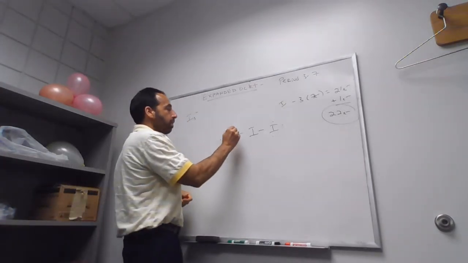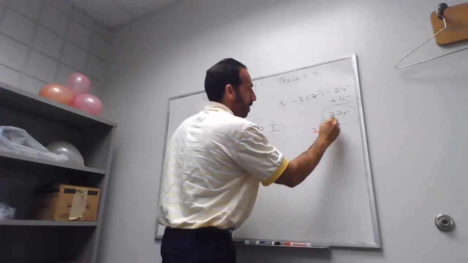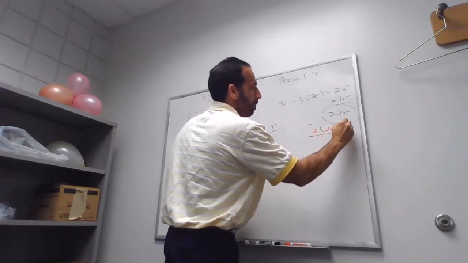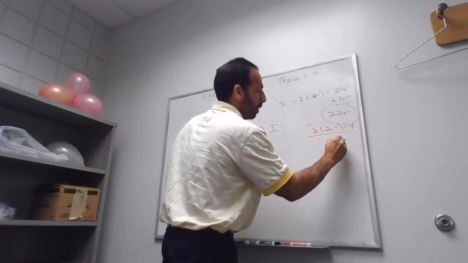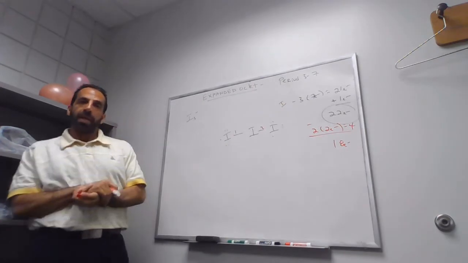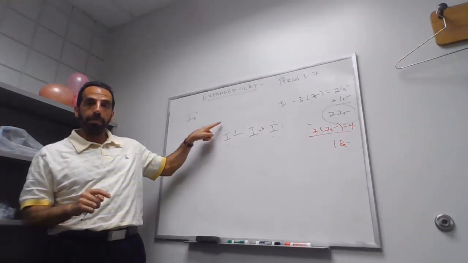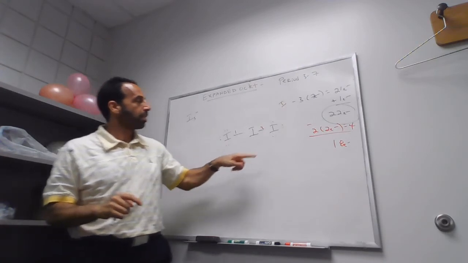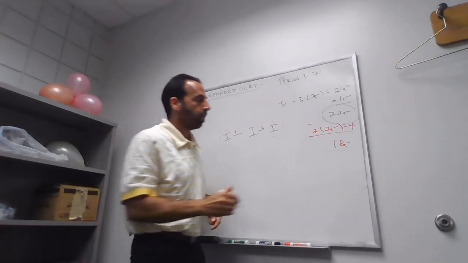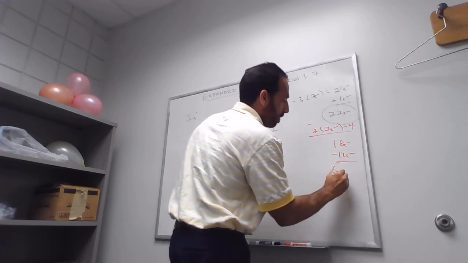So I have 2 bonds. 1, 2, so 2 times 2 electrons. Again, we're subtracting this. 4. So I've used up 4 electrons. I got 18 electrons. Now I'm going to count the non-bonding electrons. 1, 2, 3, 4, 5, 6, 7, 8, 9, 10, 11, 12. So minus 12. So I have 6 electrons left.